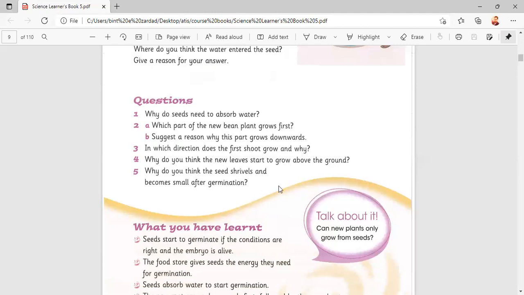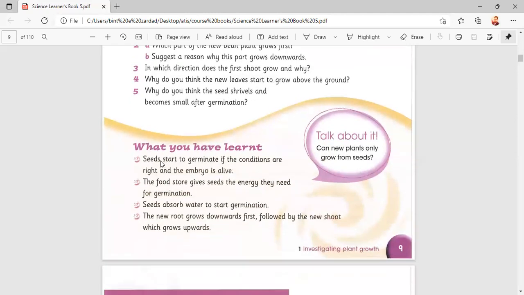The food store is now finished. Now plants make their own food with the help of their leaves. The leaves grow up from the ground in search of sunlight, and when the leaves get the sunlight, they make food for the plant.